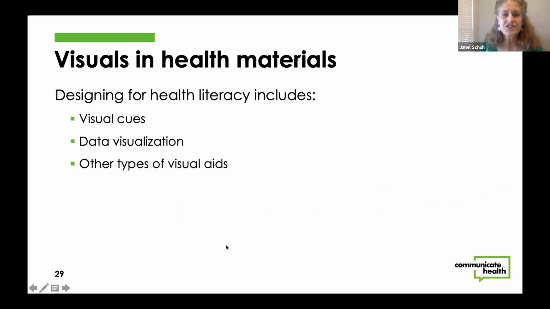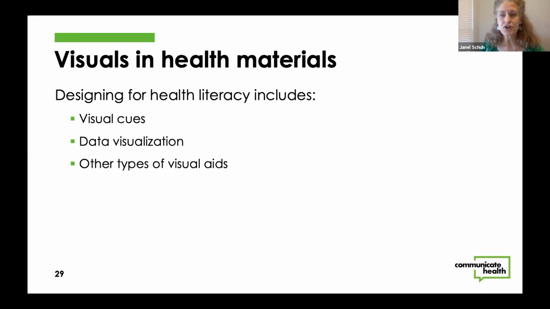So visuals in health material. Visual and visualization comes into play in a variety of ways when you are talking about designing for health literacy. One of the first things that many of you are probably familiar with is visual cues. Andrea alluded to this earlier. This can include things like bolding, things like bullet points. The second thing is data visualization.